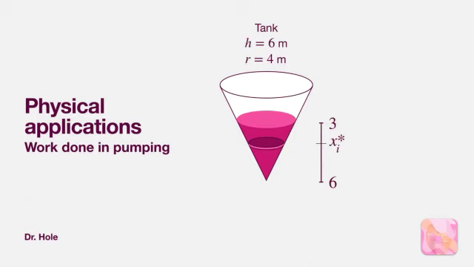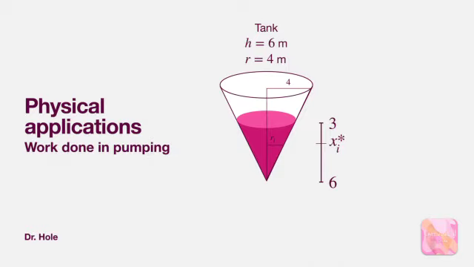And what we can do is we can introduce triangles. So we have the large triangle for the cone. Then we have a smaller triangle representing a depth of xi. So for the larger triangle, the base will measure 4. And then for the smaller triangle, the base is going to measure ri.